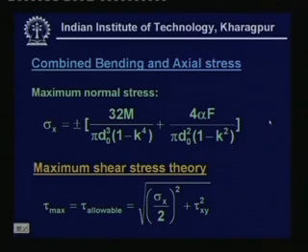Now, we go back to one of the very classical theories of failure, that is called the maximum shear stress theory. What is the maximum shear stress theory? If you recapitulate, we have learned earlier, which states that a machine member fails whenever the maximum shear stress at a point crosses the maximum allowable shear stress for the material.